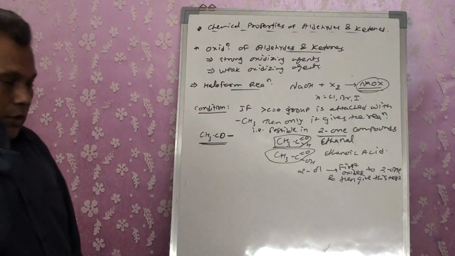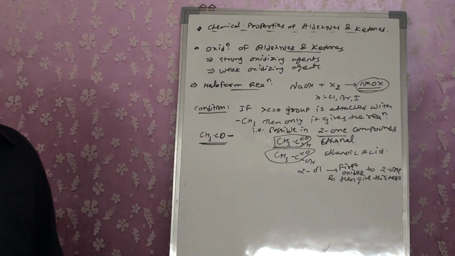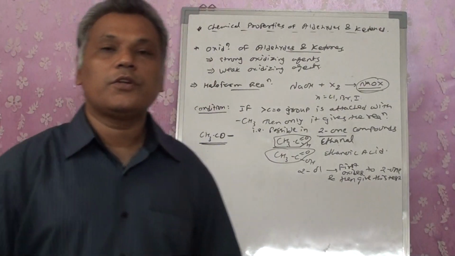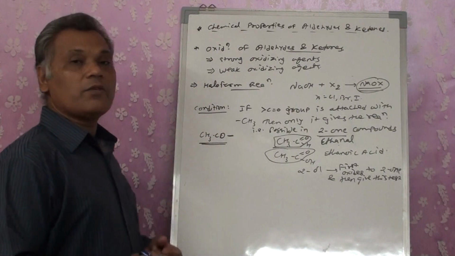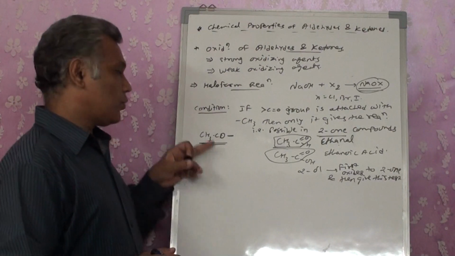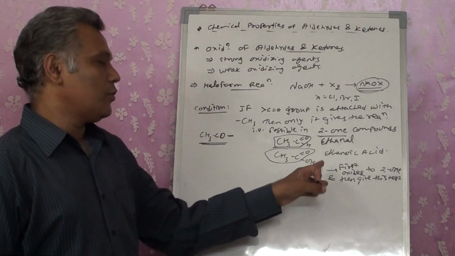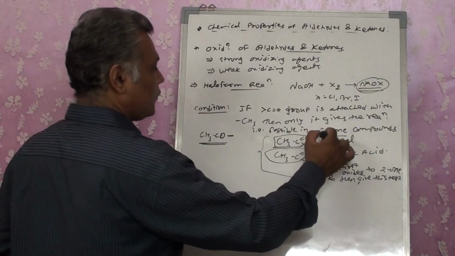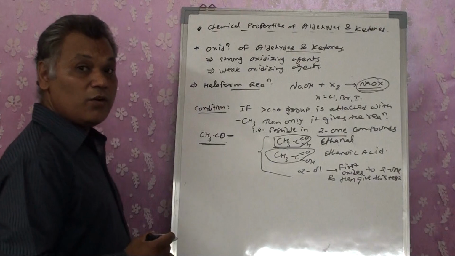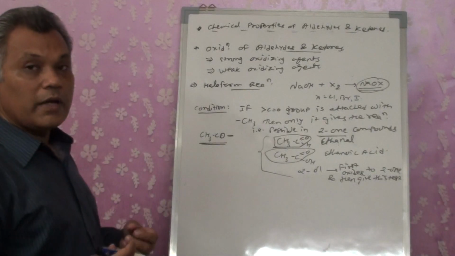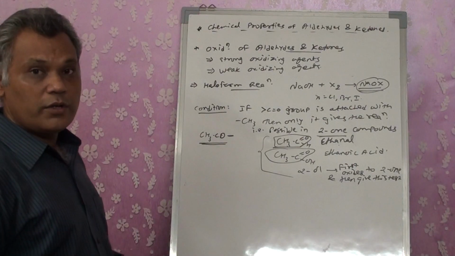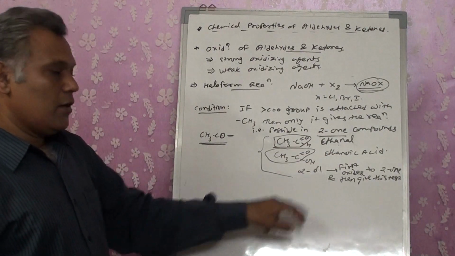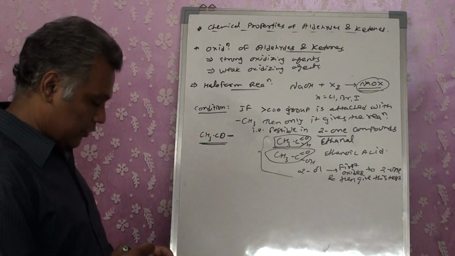Because we know that a secondary alcohol gets converted into a ketone, which gives the CH3CO group, and the moment it forms the CH3CO group, it can give this test. So these are exceptional. If you have a 3-ol or 4-ol, or any other ketone, they do not give the test. Specifically 2-ol, ethanol, ethanoic acid and 2-one give this test.